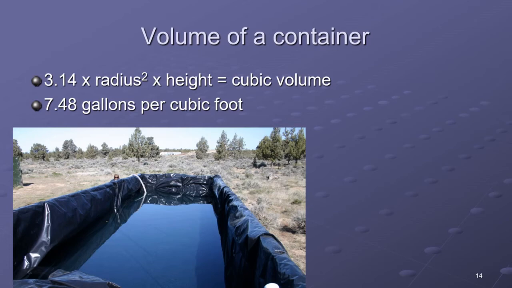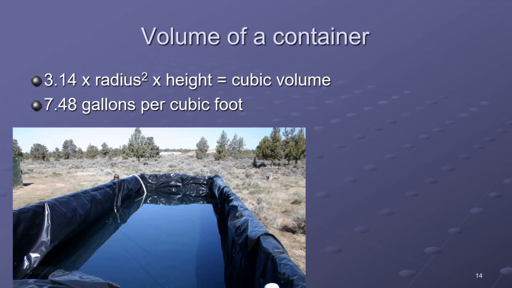You can do a little bit of simple high school geometry and figure out the volume of a container that happens to be full of water. That's your 3.14, or pi, times the square of your radius times your height, this cubic volume.